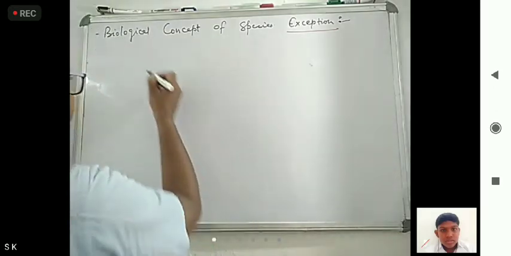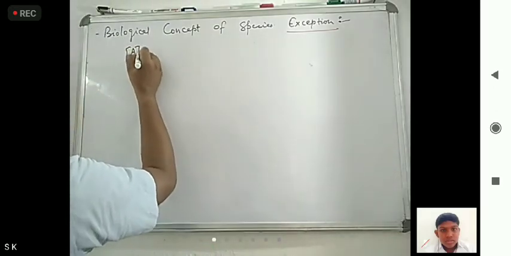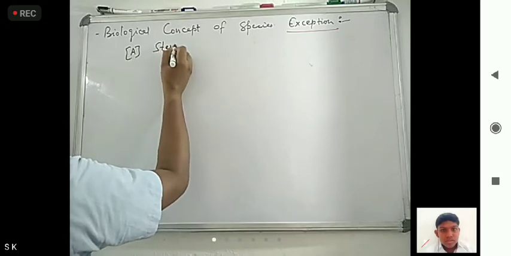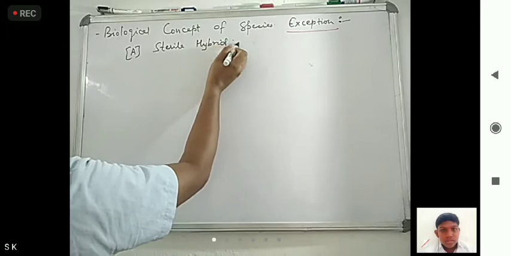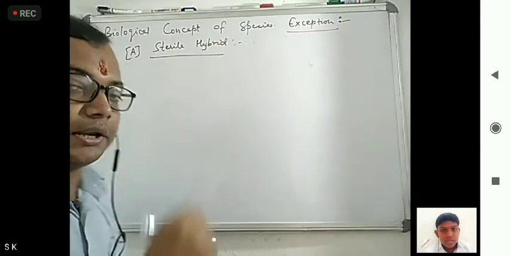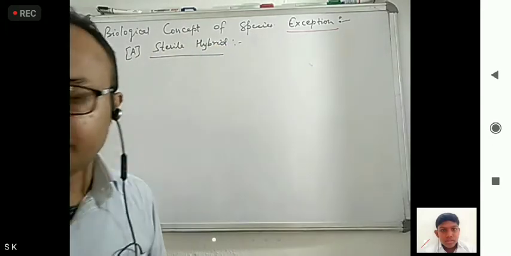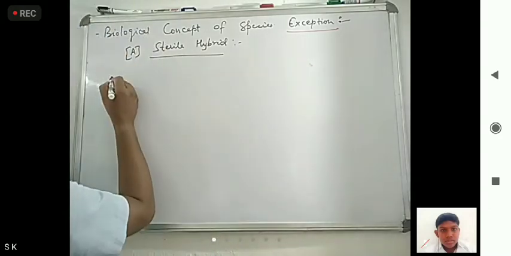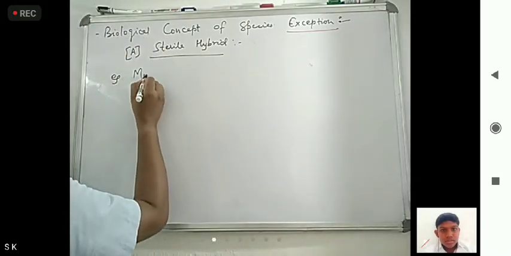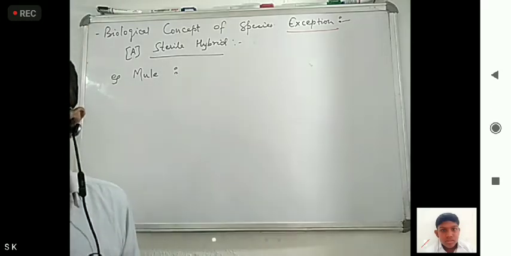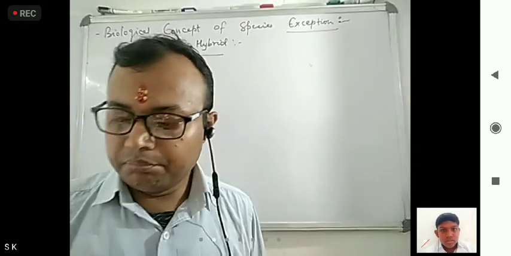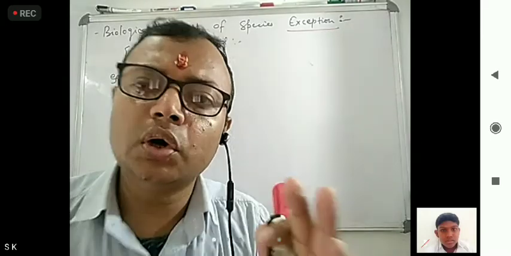Sterile hybrid. Under this sterile hybrid, the first example is mule. Now, how is this mule developed? It is a male donkey and a female horse.